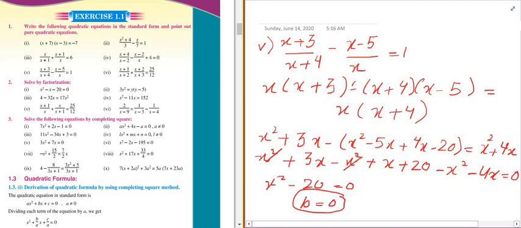We get minus x square, 3x plus x, 4x, positive 4x and negative 4x is cancelled. You will get 20 from here and minus x square from here. Just multiply the whole term with negative sign. This becomes x square minus 20 equals to 0. So this is a pure quadratic equation.